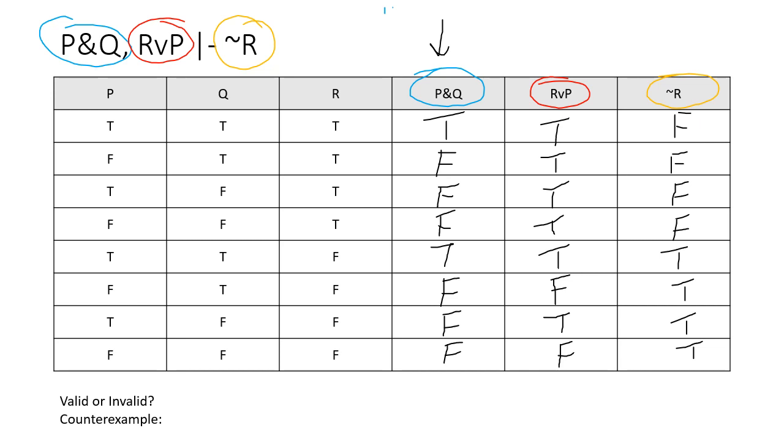again, it's important to be able to identify what's what here. So these two columns are our premises, and if you remember our definition for validity on the previous slide, it says that an argument is valid where all the premises are true and the conclusion is also true.